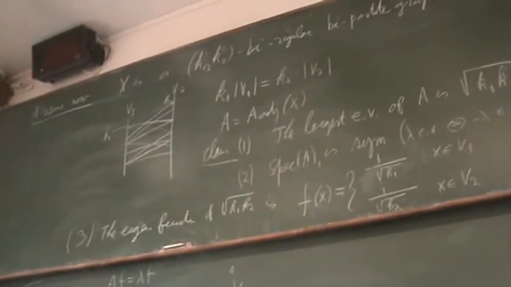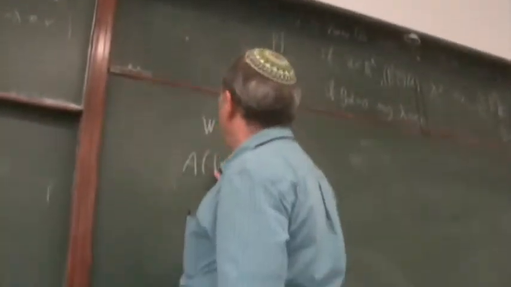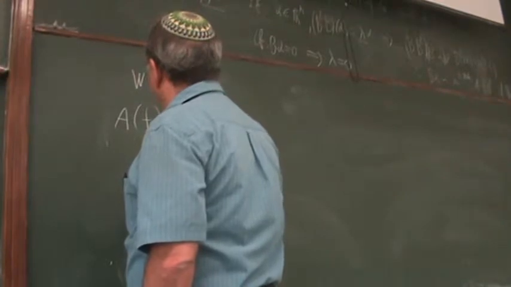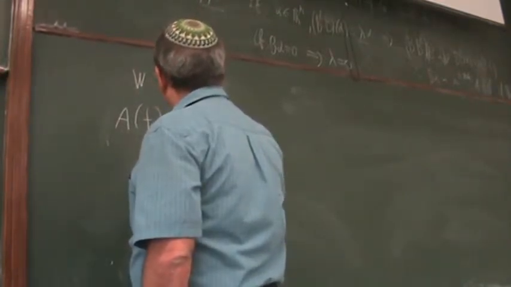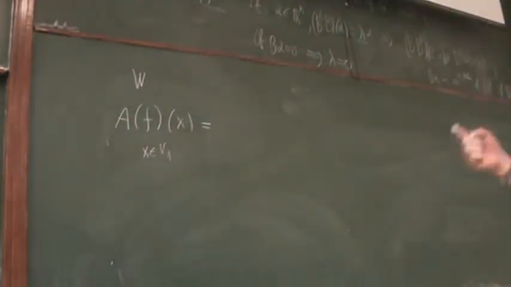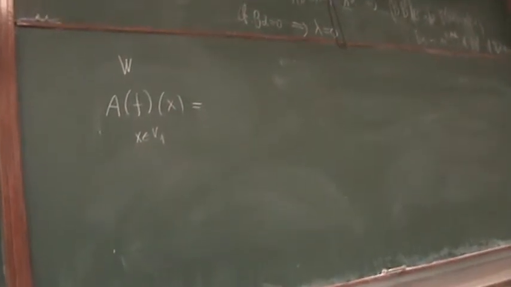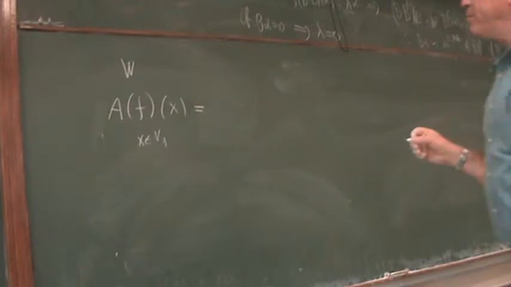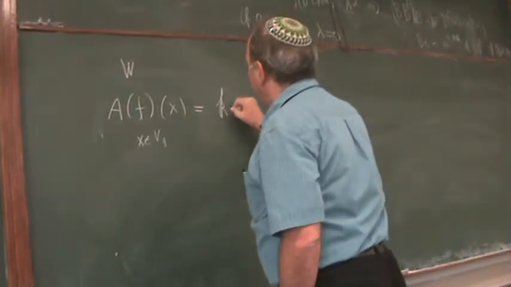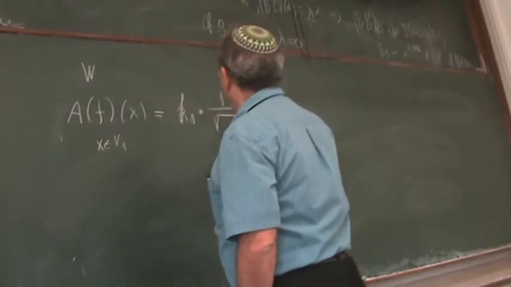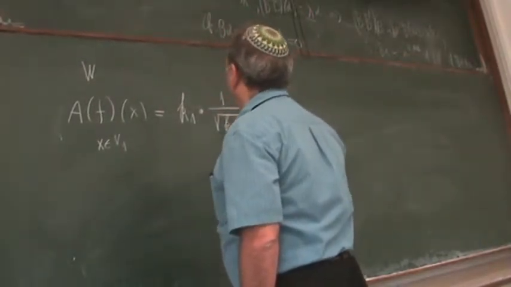Okay, let's check what A of f of x is, let's say if x is in V1. You sum over all its neighbors. All its neighbors are from the other side, and it has k1 neighbors, so it's equal to k1 times the value on the other side, which is 1 over square root of k2.